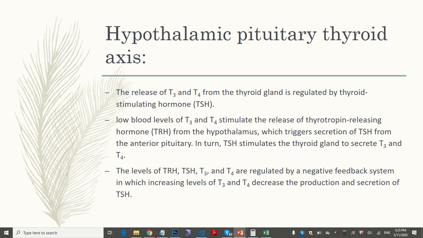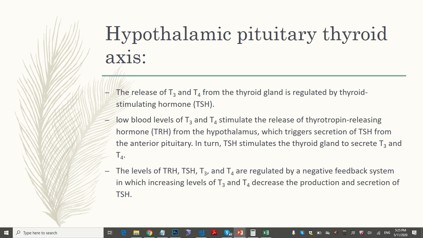The hypothalamic pituitary thyroid axis. What is this axis? Basically, it's very important for you to understand this, because it's going to impact your understanding of the thyroid function tests. The release of T3 and T4 from the thyroid gland is regulated by the thyroid stimulating hormone, as we know, which is released from the pituitary.